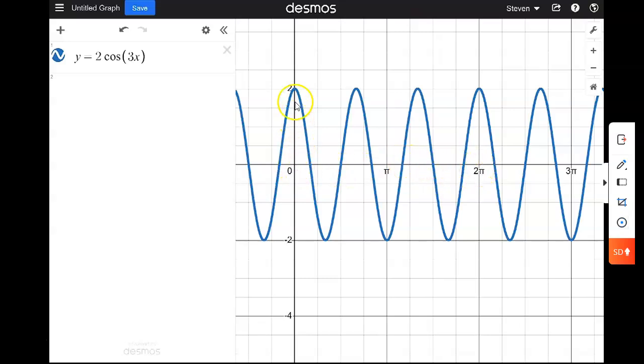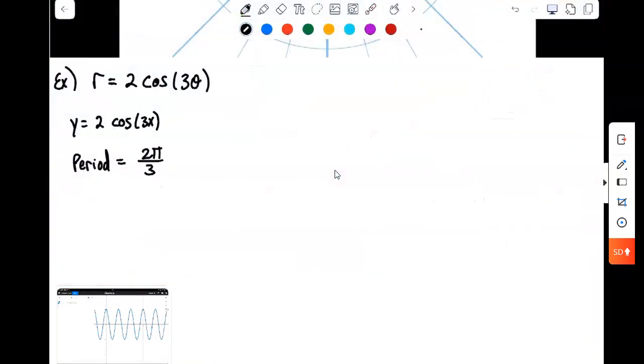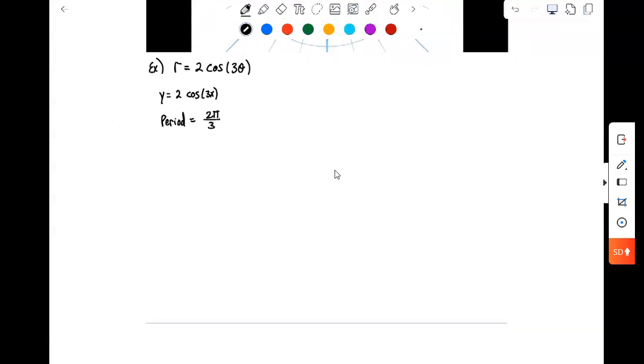And what we're basically doing is we need to know what these values are here, where it hits its quarter points and so on. So normally the quarter points are things like pi over 2, pi, 3 pi over 2, and 2 pi. But now they've been adjusted because of this period changing.